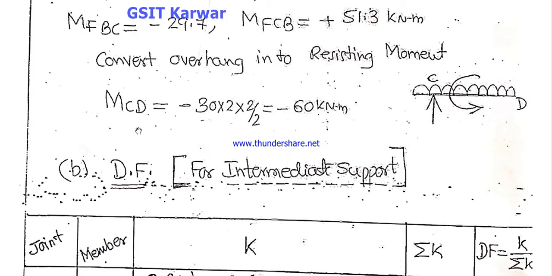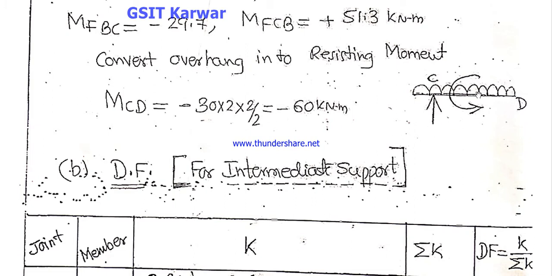So the load moment calculation: the moment will act anti-clockwise, so the sign convention is minus 30 into 2 into 2 by 2. 30 is the applied UDL load. 30 into 2 is the span distance multiplied, and then 2 by 2.